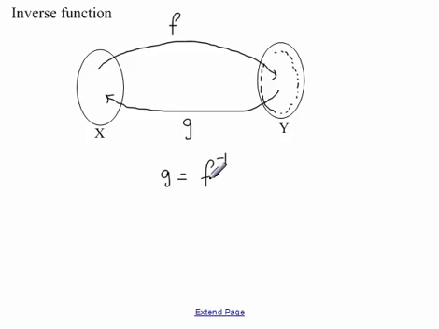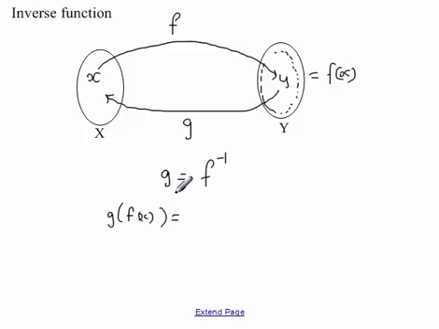Now, what would this function do if that function does exist as an inverse? This function, if we pick x here, it will take us to y, which is actually equal to f of x. So now, if this function g picks this y, what are we doing? We're saying g of f of x.